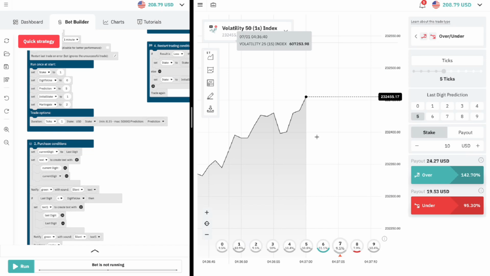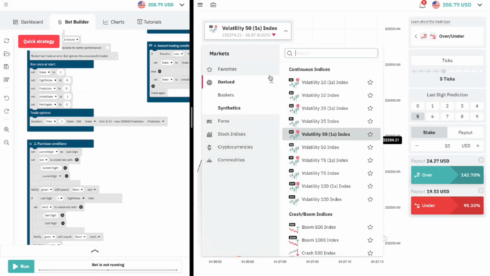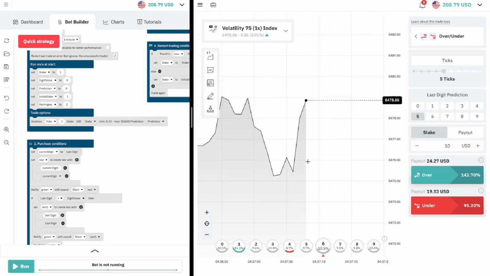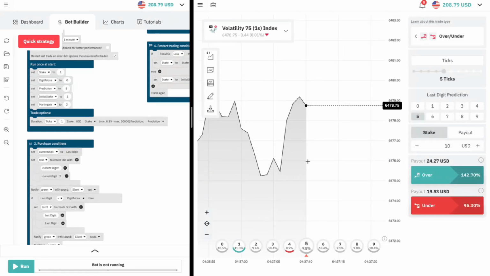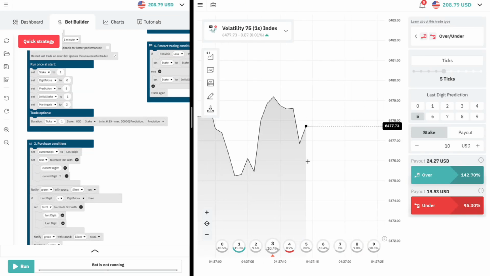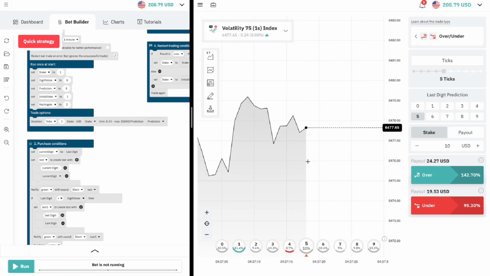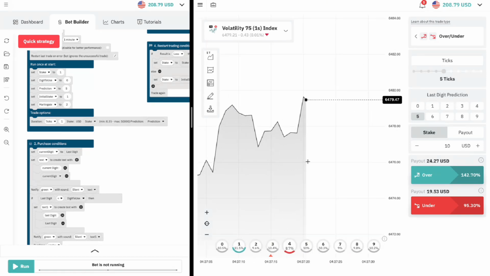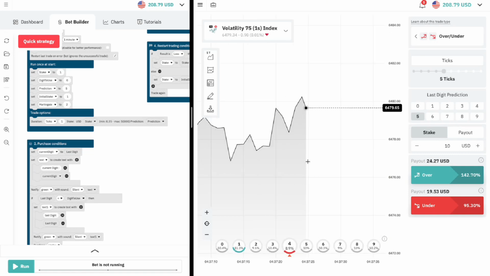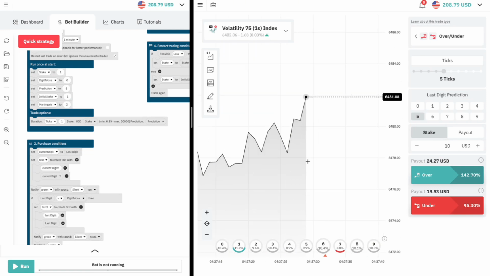Let's say 51s, 751s. So we first of all observe the pattern before we do any trades.